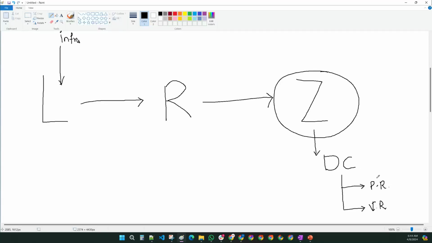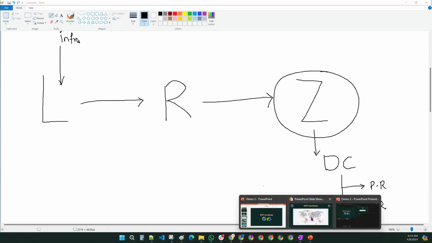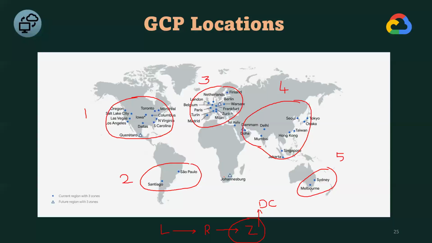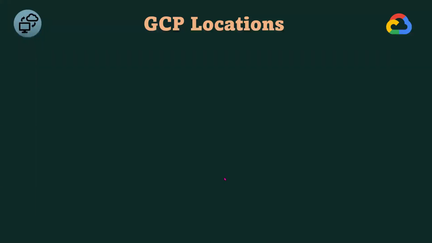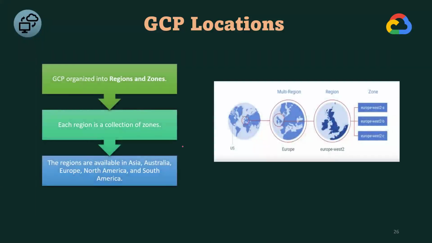A data center has resources, both physical and virtual. You can see here these are the 5 locations on the world map. GCP's infrastructure is organized into regions and zones. Each region is a collection of zones. These are the 5 locations that we have.